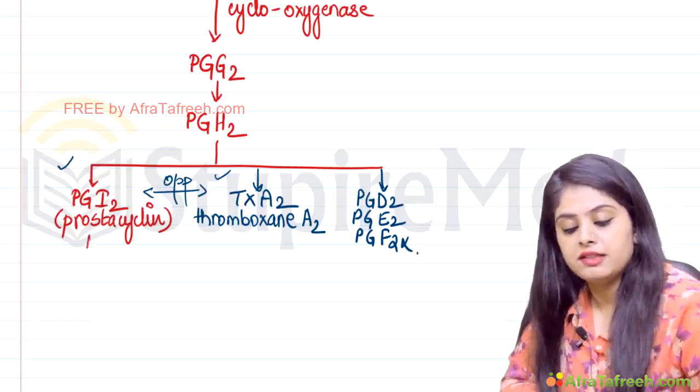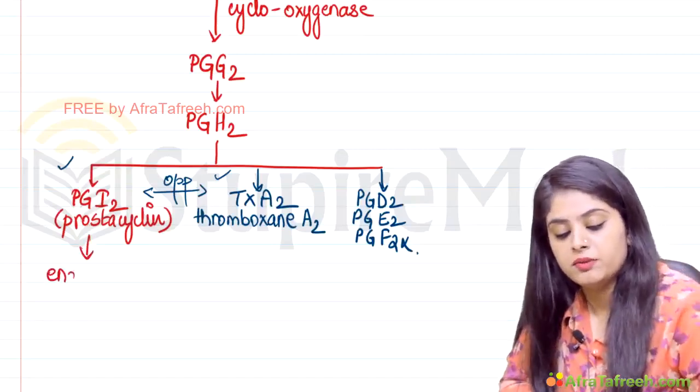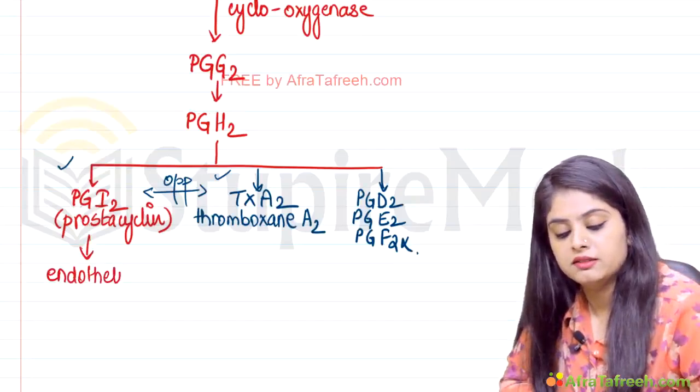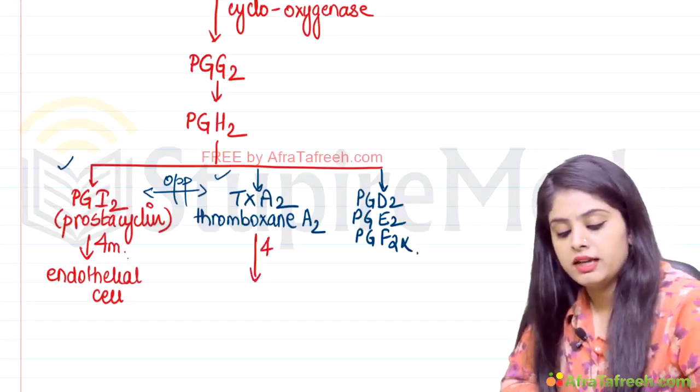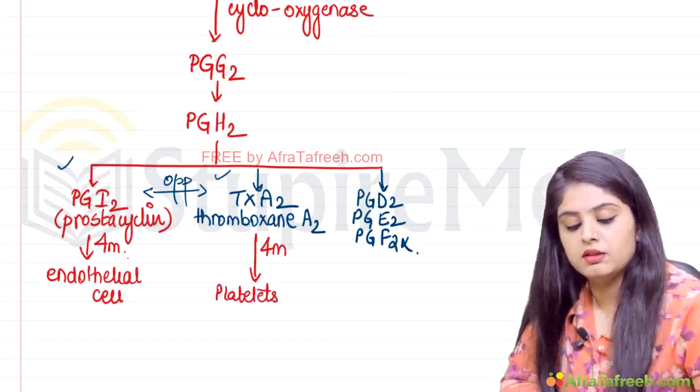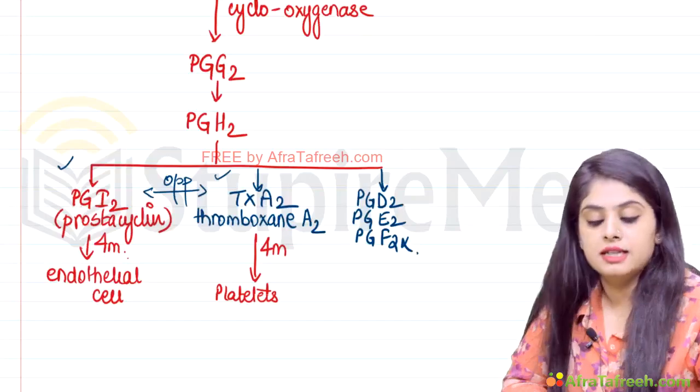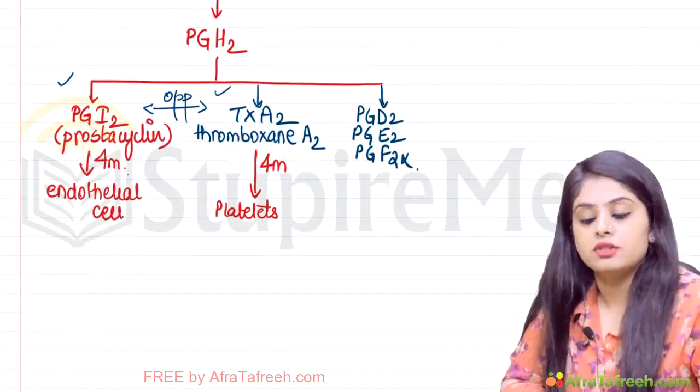First of all, prostacyclin is going to be released from the endothelial cells. This comes from the endothelium cells. Thromboxane A2 on the other hand comes from the platelets. That is the first difference. The second is in their function.